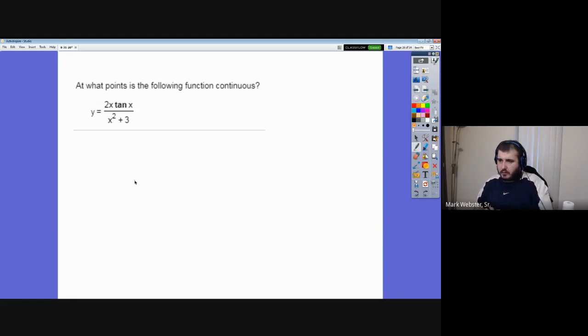Same thing here. Now, the only problem that we're working with is we have two different caution signs, right? Tangent here, and we've got a variable in the denominator, so we are just going to have to do both. So let's do the variable in the denominator first. x squared plus 3 equals 0, and then we're going to figure out what values of x make this happen.